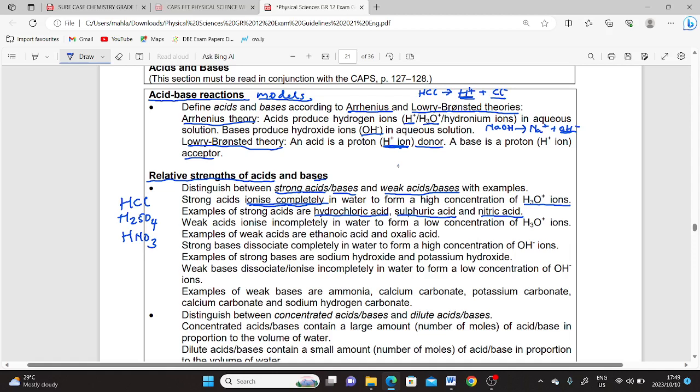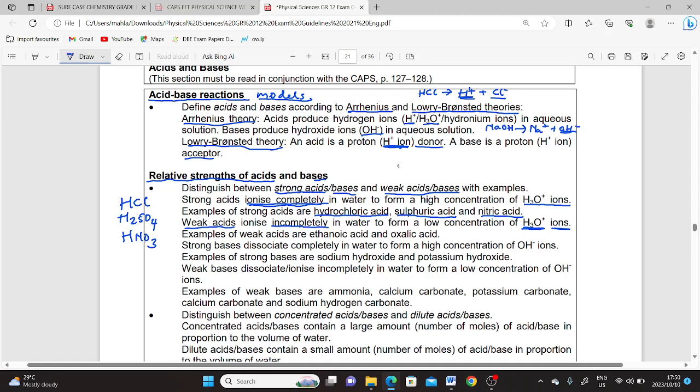But weak acids ionize incompletely in water to form a low concentration of hydronium ions in a solution. When you say ionizes incompletely, it means not all of the solution will react.